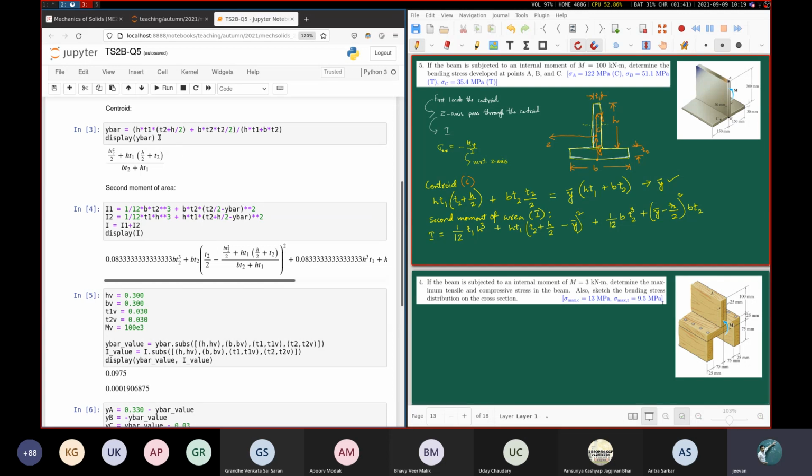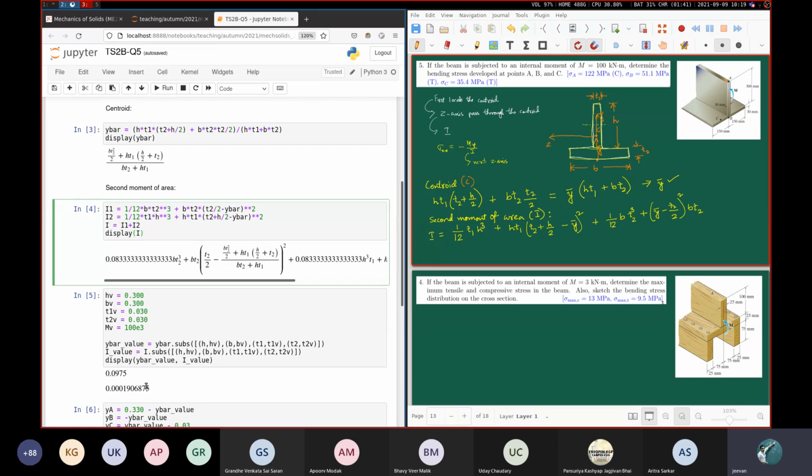First, in this part, I have calculated the centroid. I've gotten this expression, and all this is done symbolically. Here I'm calculating this I. And finally, at this step I'm putting in the values of H, B, T1, T2, and of course the value of M, which is given here as 100 kilonewton meter.